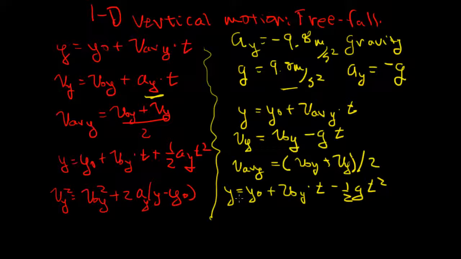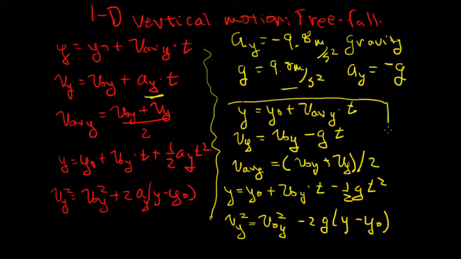This equation is exactly the same thing as the x equations. I've just replaced all the x's with y's, and then I've replaced the acceleration for the y direction with a minus g. Similarly, for this last one, I get v sub y squared is equal to v naught y squared minus 2g times y minus y naught. And so for free fall motion, these are my equations.